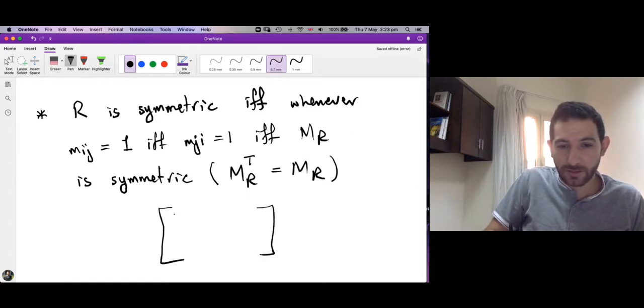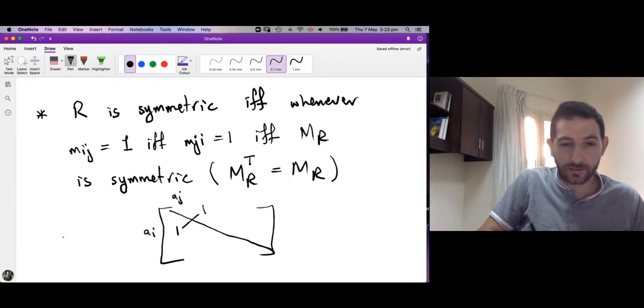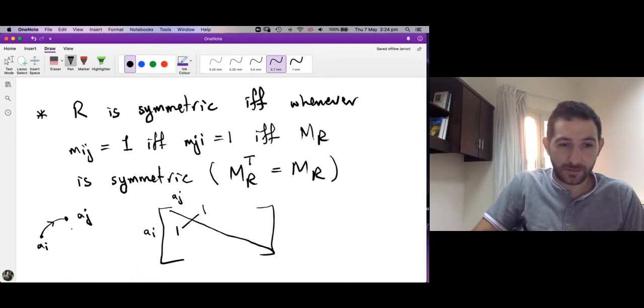So if this is MR and this is the main diagonal, the main diagonal could contain ones or zeros as you wish, but if there's a 1 here, there must be a 1 here, because this one means that Ai is related to Aj. So there is an arrow from Ai to Aj. But since the relation is symmetric, there must be another arrow from Aj to Ai, which means we should have this one, which relates Aj with Ai as well.